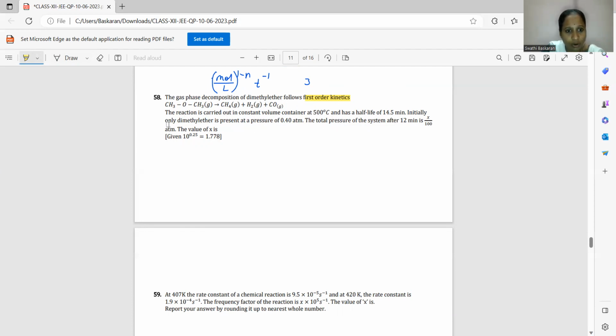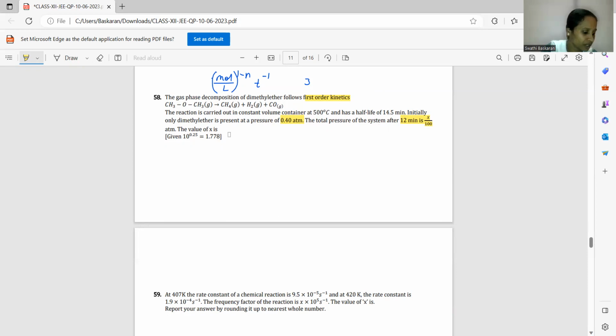Initially, only dimethyl ether is present at an initial pressure of 0.40 atmosphere. The total pressure of the system after 12 minutes is x by 100, and we have to find the value of x.